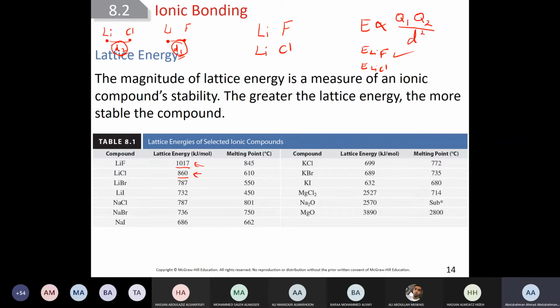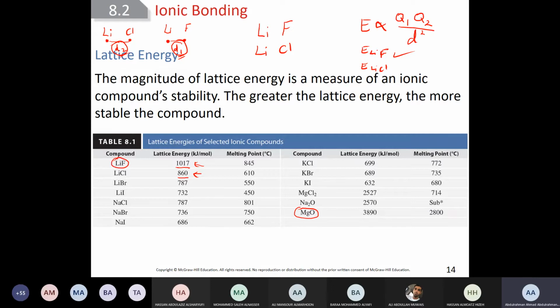Good. Let's compare something else. Let's compare MgO to sodium fluoride, or NaCl, or even lithium fluoride.